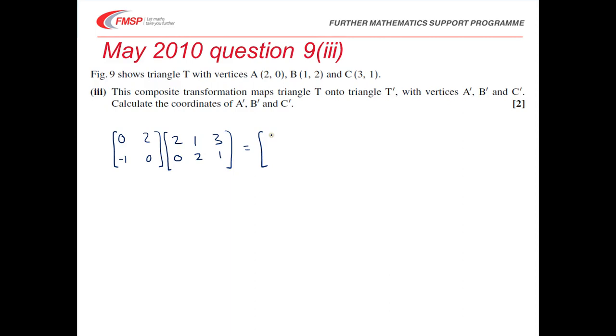And that gives us 0, 4, 2 on the top and minus 2, minus 1, minus 3 on the bottom. And our points therefore, the new A coordinate is 0, minus 2. The new B coordinate is 4, minus 1. And the new C coordinates are 2, minus 3.